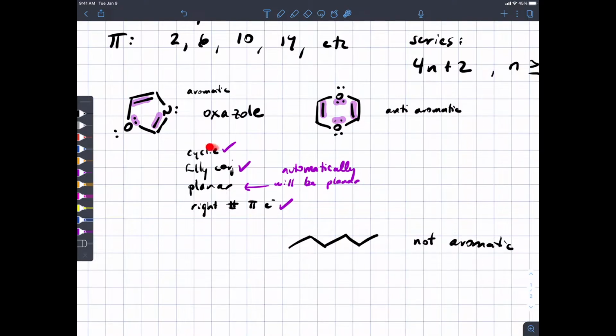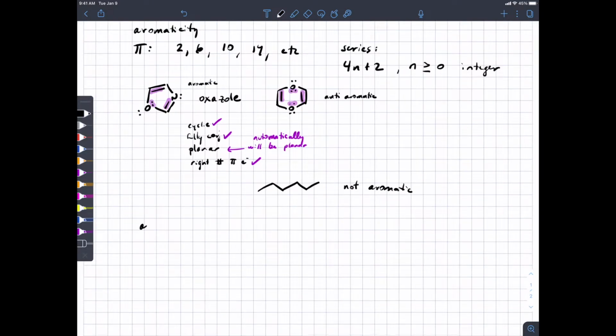Anti-aromatic molecules will be cyclic and fully conjugated, but they will have the wrong number of pi electrons. And that is 4, 8, 12, 16, etc. Multiples of 4, or 4n, defines the series where n is greater than or equal to 0 and is an integer.